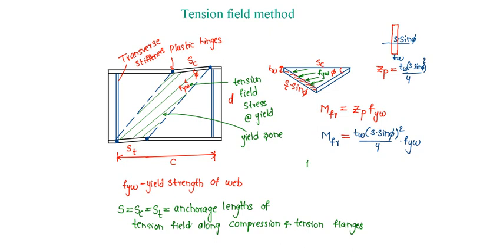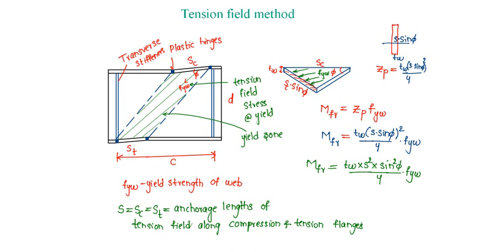From this, MFR will be equal to tw into S square into sin square phi by 4 into fyw.